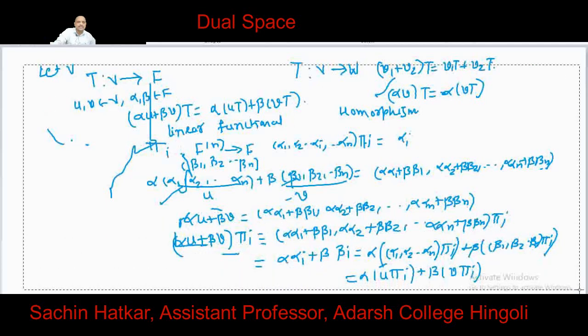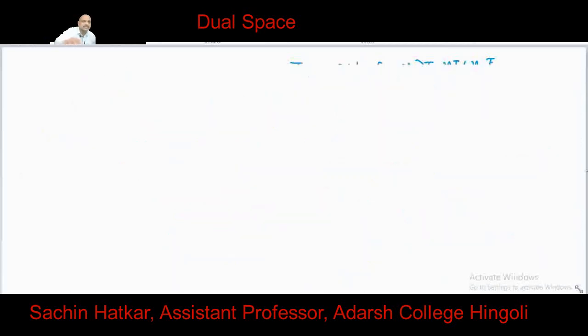I will write here once again what is meant by a linear functional, and we have seen what is the difference between linear functional and homomorphism. What is the difference? A linear functional T is a mapping from vector space V into F. Its image is a scalar element.